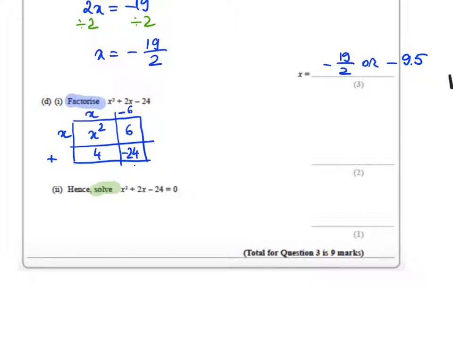So I will change and I'm going to put 4 here and 6 there. So minus 4 and plus 6. So the sum of those areas is x squared plus 2x minus 24 indeed. So my answer is x minus 4 brackets x plus 6.